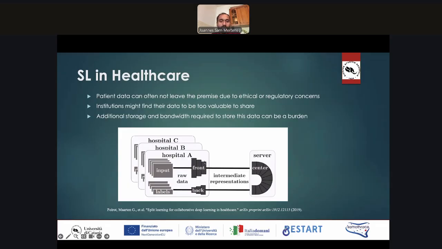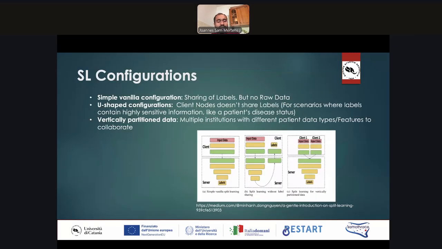So this is more secure, because the sensitive data doesn't leave the hospital. This was developed for the reason that patient data cannot leave the premises because it's sensitive, and there are ethical concerns over it.